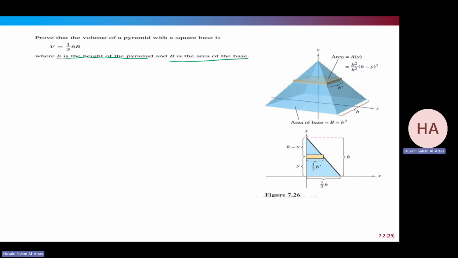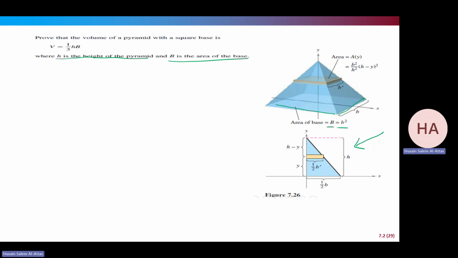The base is square, so if this is b, then capital B is b squared, since you have a square base. And this will be h, the height of the pyramid.